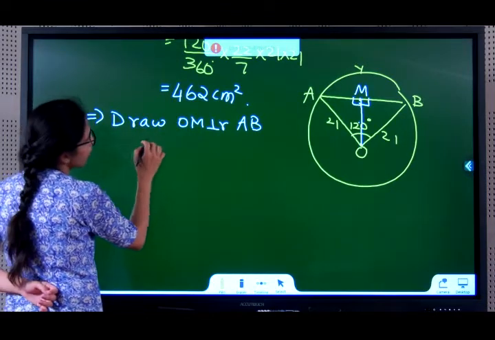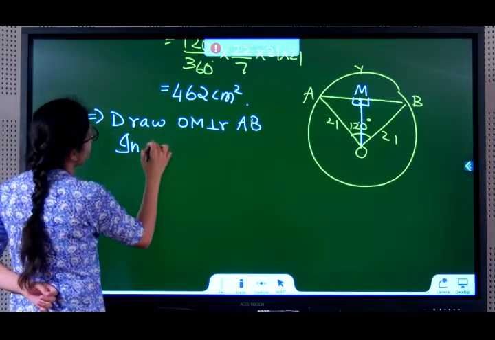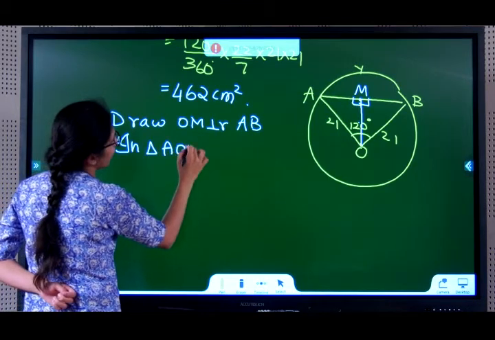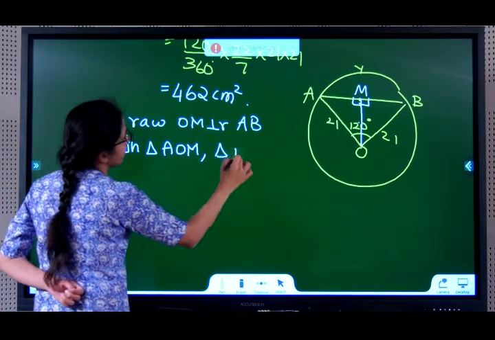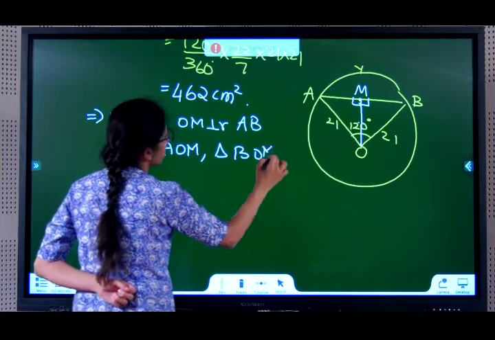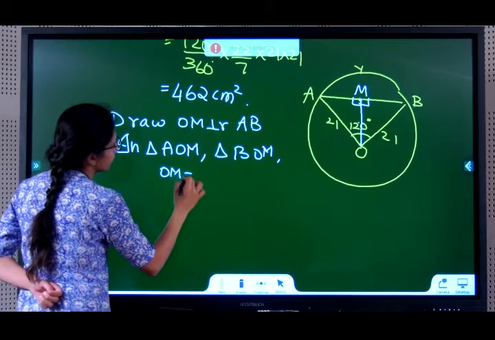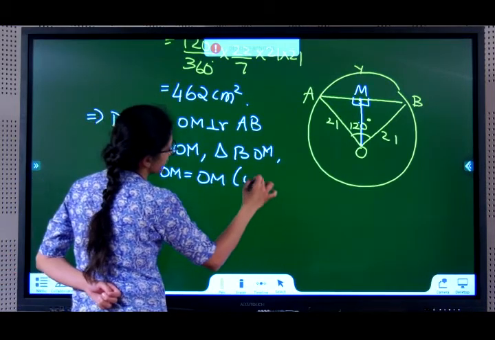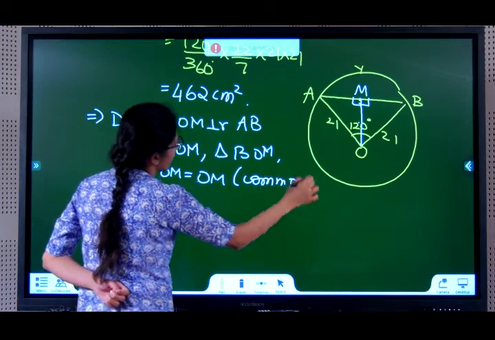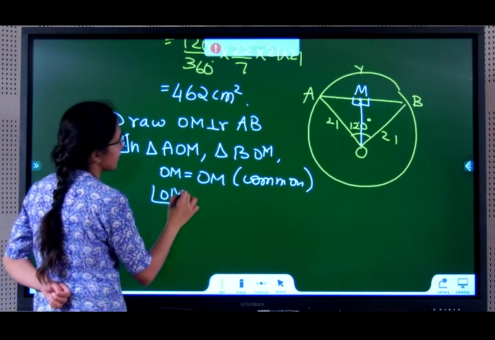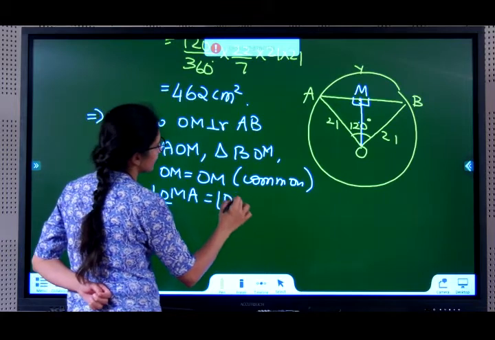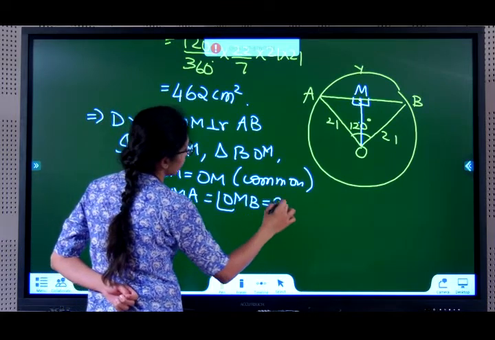Yes, I can. In triangle AOM and triangle BOM, OM equals OM, common. Angle OMA is equal to angle OMB equal to 90 degree.